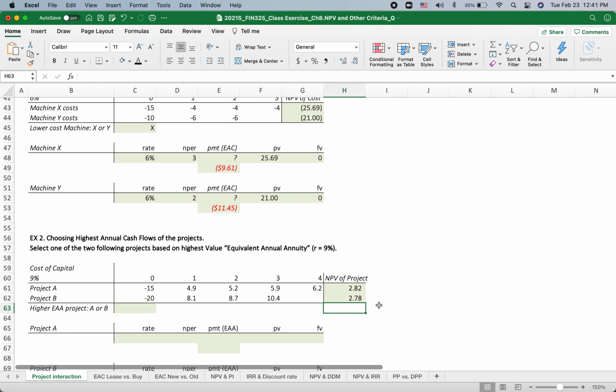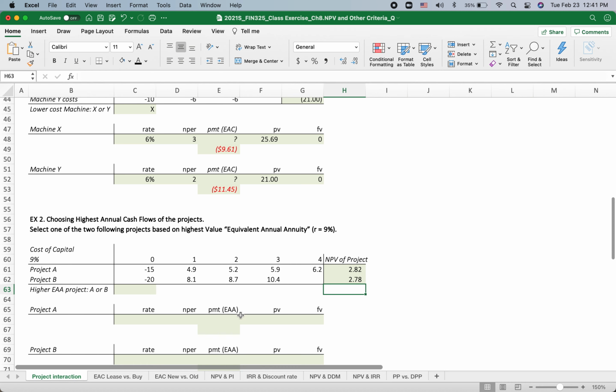So which one is bigger, right? Project A. So let's make sure that if project A produces the larger equivalent annual annuity as well. So the rate 9%, and then number of periods, 4 years.